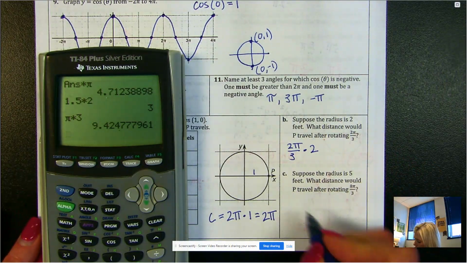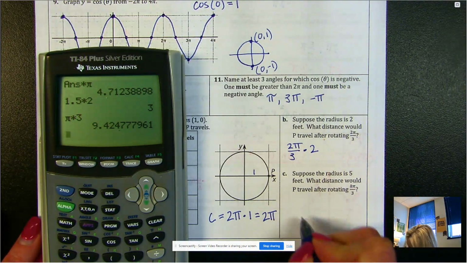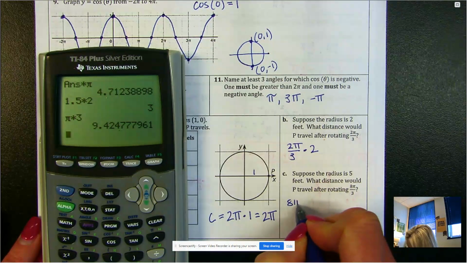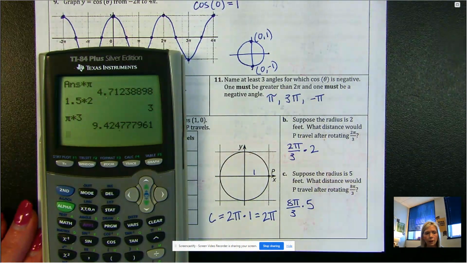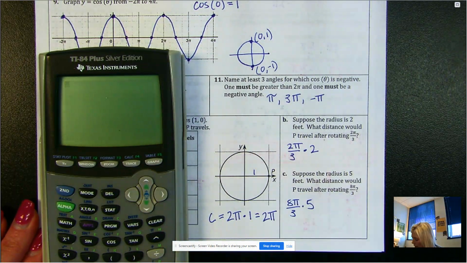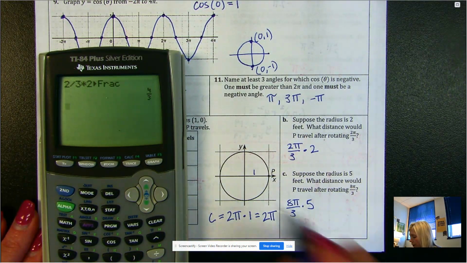On C, 8 pi over 3 for a radius of 5, you multiply them. Okay, so I'm not going to put the pi in, so 2/3 times 2 is 4/3.